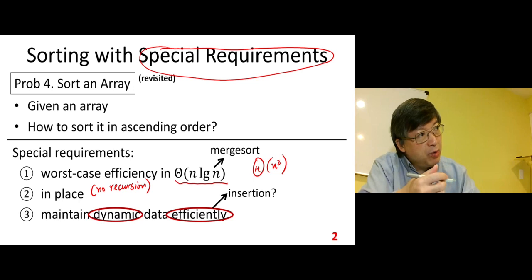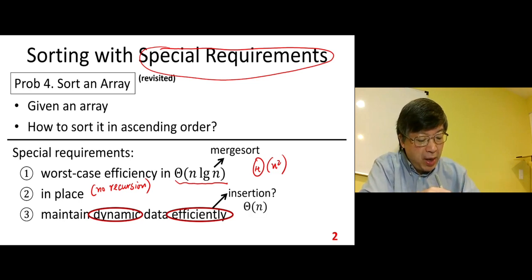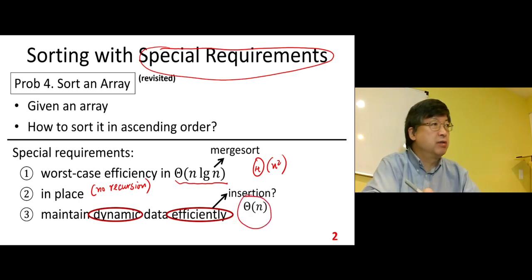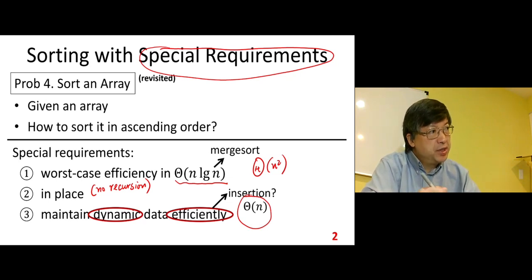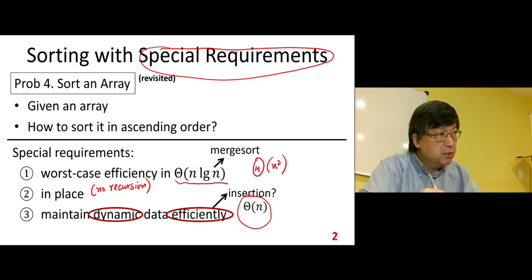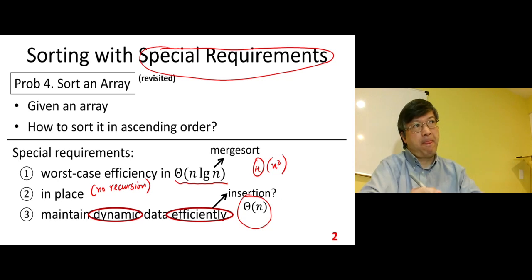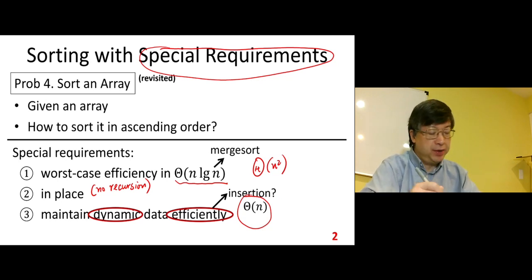When data comes in, we want to insert it into the current sorted array, and we need to pay this much cost. This cost we feel is still too high. Based on our intuition, it is a little too high, and we want to improve it.